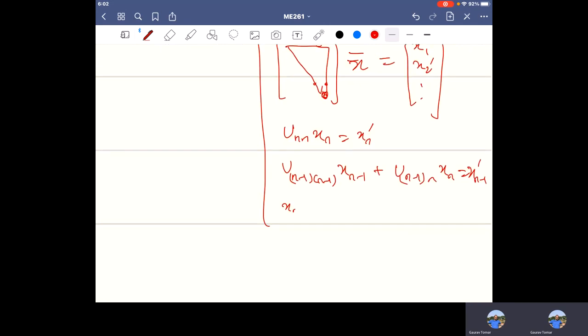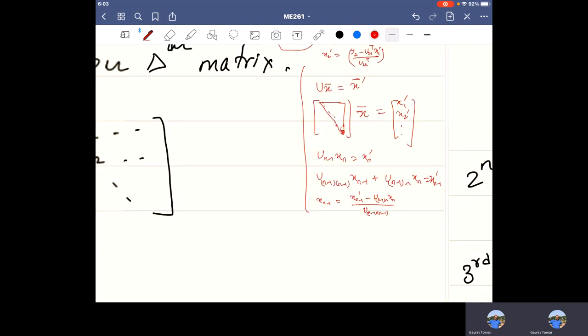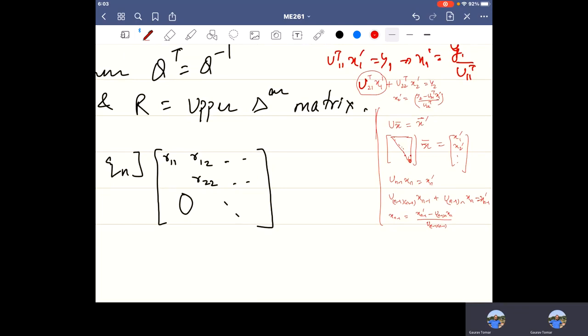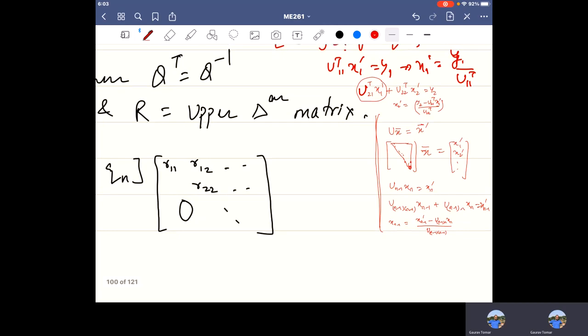So it will be like this, divided by u_{n-1,n-1}, and so on. You can go all the way back and then you would have solved it easily. So here, if you know the decomposition, then you don't have to actually compute the inverse.